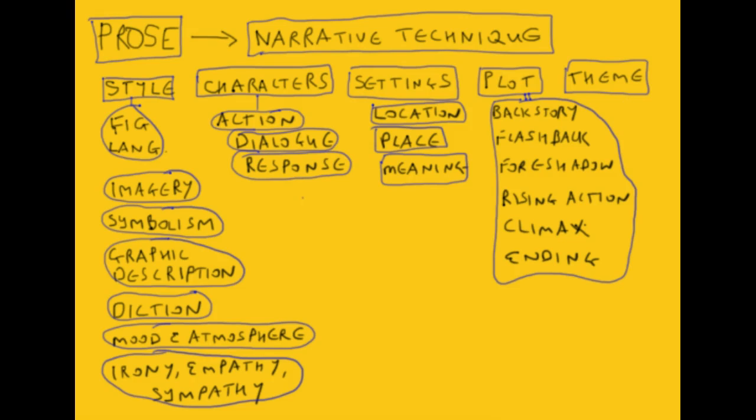So again, to summarize, all of these are the tools which you would use under the general toolkit that we call narrative technique in order to analyze and break down and then answer any question on a passage of prose.